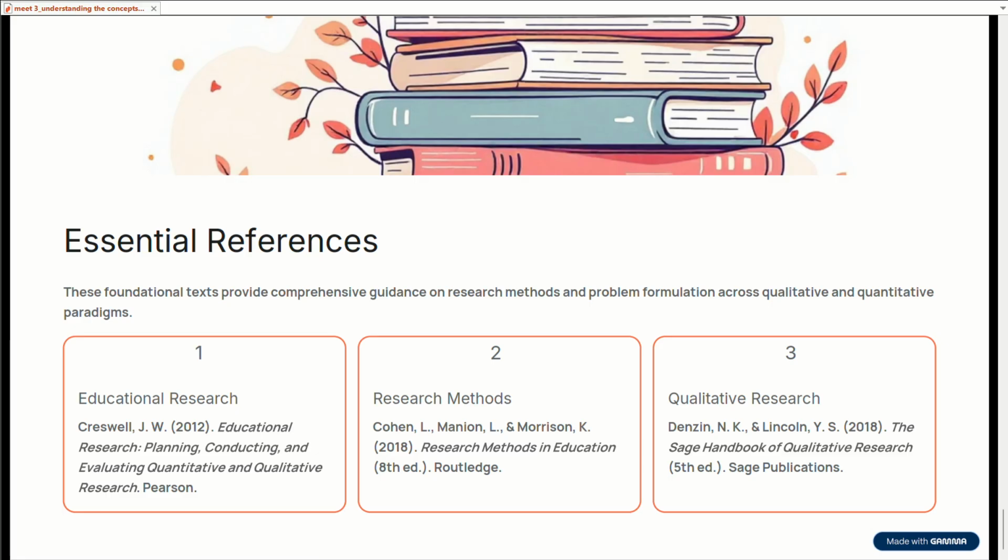And these are three essential references you can easily find anywhere: Creswell, then Cohen and friends, and Denzin. These books are really essential for research courses.